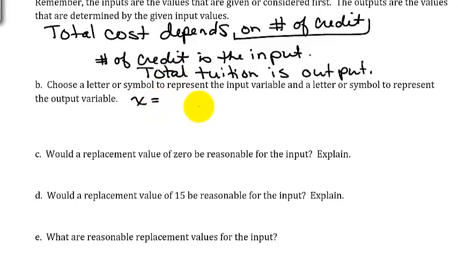So I'm going to let X be the number of credits. And we also want to choose a letter for our output variable, and I'm going to let T be my total tuition.